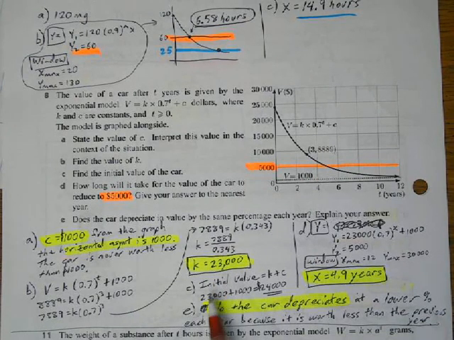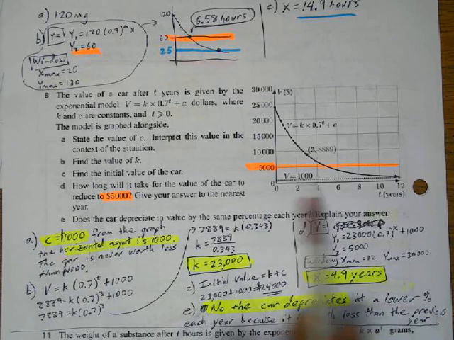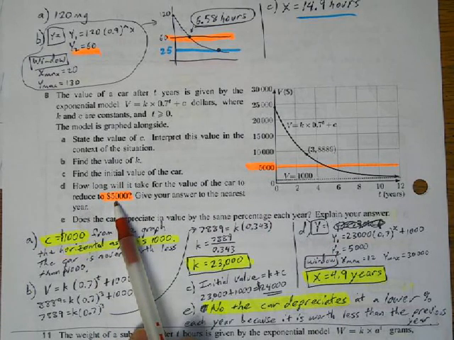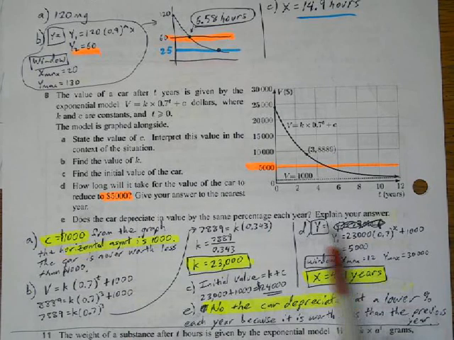So the initial value is always k plus c. So 23,000 plus 1,000, which is our c value. Our initial value is 24,000. Okay. Question D, how long will it take for the value to be 5,000? So I can hit y equals into my calculator, type in the first equation, type in the second equation.